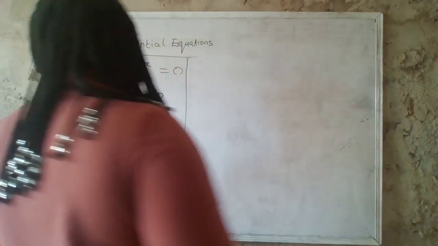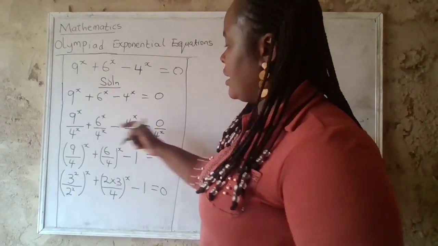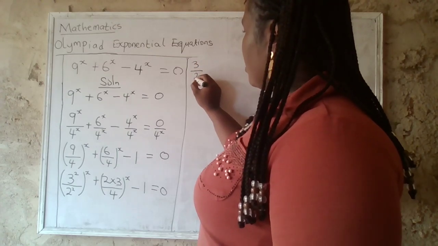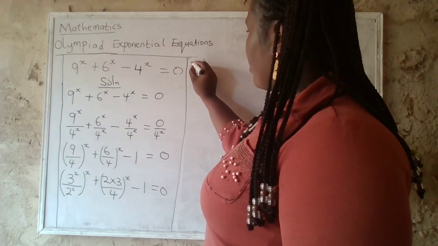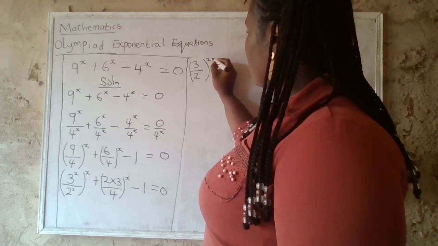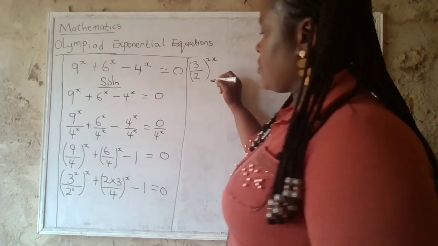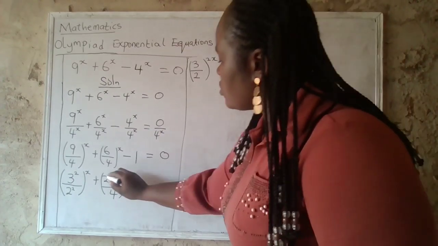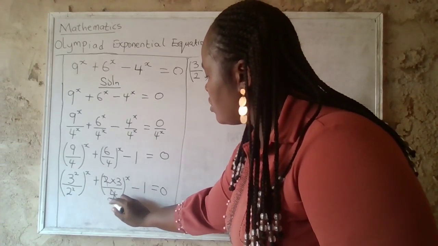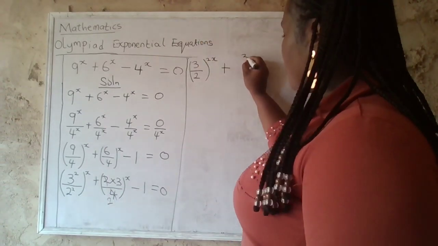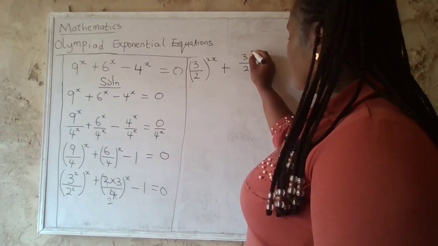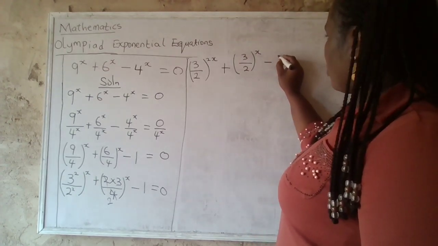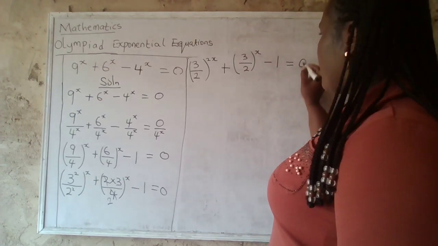Now, we can also apply what we applied here so that we have that 3 over 2 all raised to power 2 also to power x plus, now 2 can cancel so that we have 3 over 2 all raised to power x minus 1 equals 0.